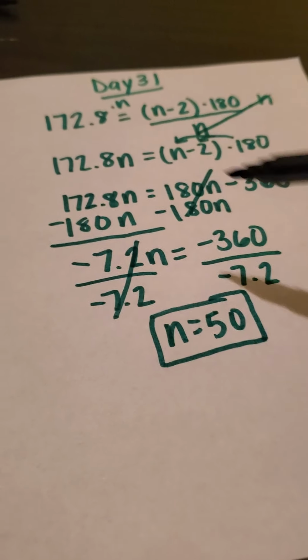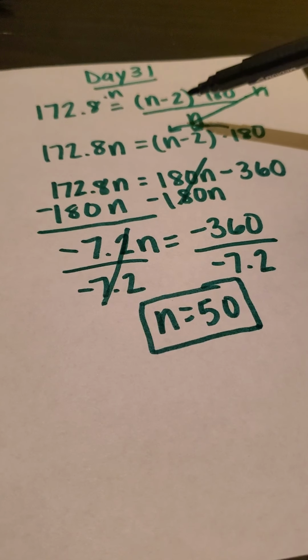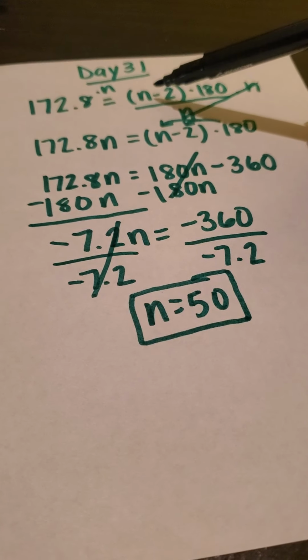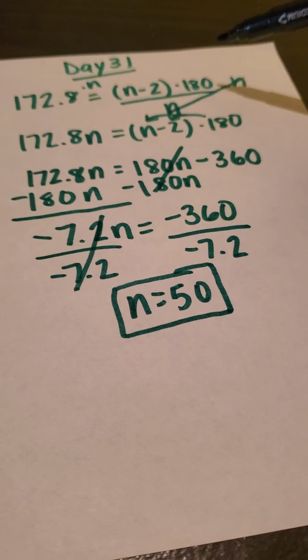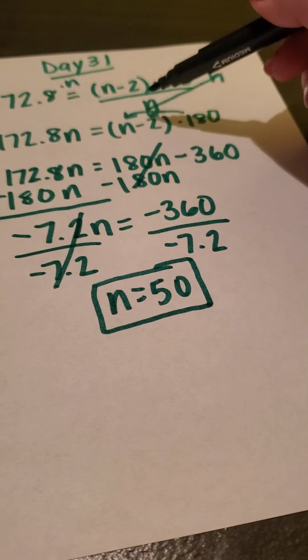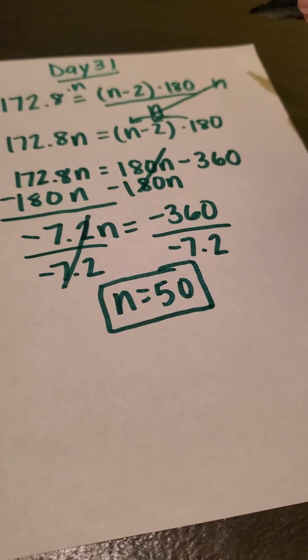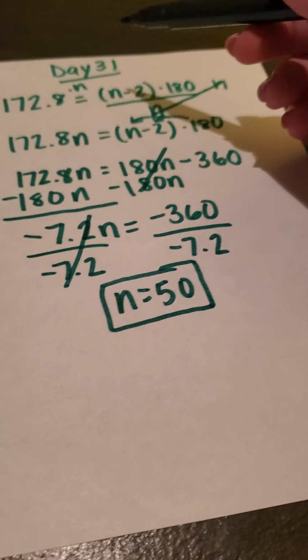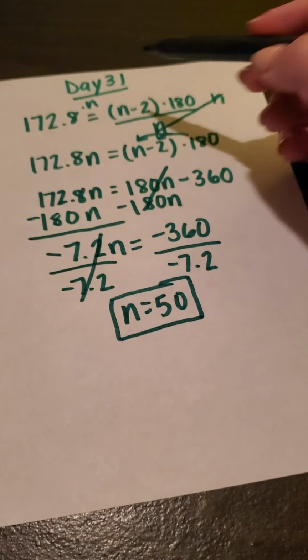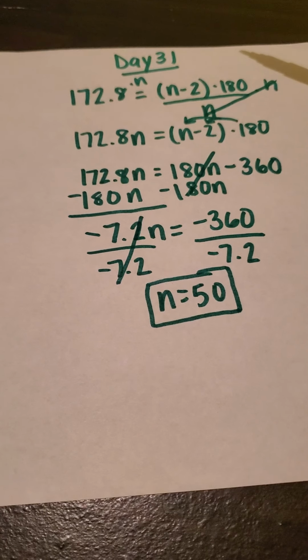So that means if I go back into my problem and I plug in 50 for n, so 50 minus 2 times 180, and then I divide that number by 50, I'm going to get 172.8.